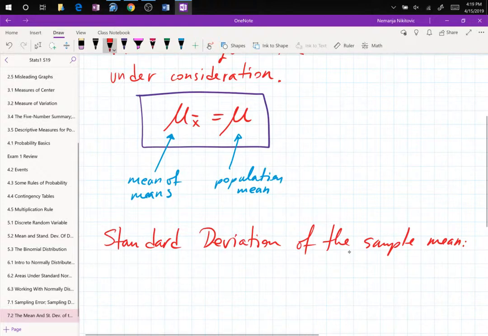So it's the same deal for samples of size n. Then the standard deviation of the variable x bar equals the standard deviation of the variable under consideration, and here it is: the standard deviation sigma of x bar is equal to sigma divided by the square root of n.